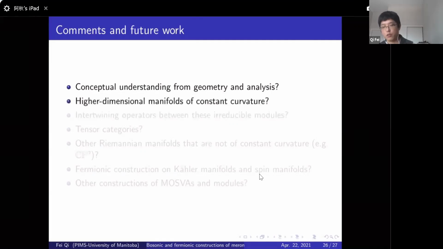The second question is the higher dimensional manifolds of constant curvature. I have computed a lot on this one, and it's reasonable for us to conjecture that all these interesting features hold.